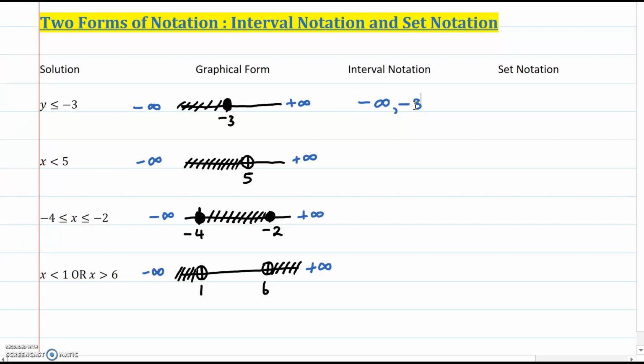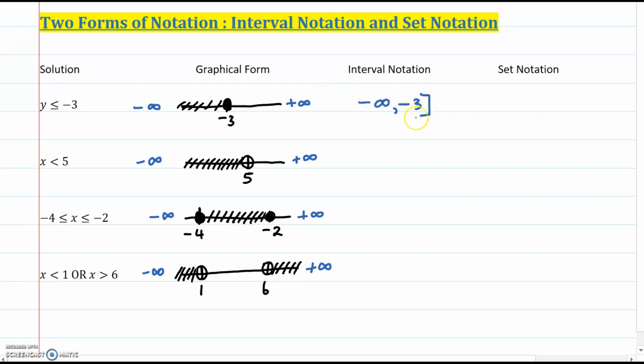The other thing we have to decide is whether to use brackets or parentheses. Since the -3 has a closed dot, a colored in dot, we use brackets. If we had an open dot, or if we have an infinity, either negative or positive infinity, we always use parentheses.